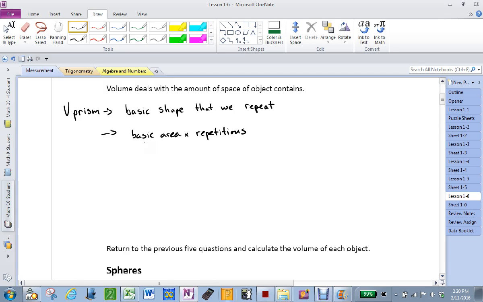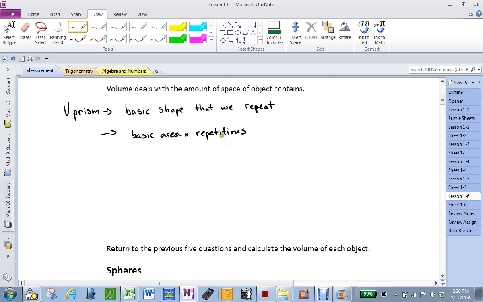And if I stack it up, I have a rectangular prism because the base shape was a rectangle. Everybody cool? What if I have an octagon and stack it up? Then I have an octagonal prism. Everybody okay with that? When does it get weird? Circles and triangles. But they're still the same thing. You're just repeating it, yeah?